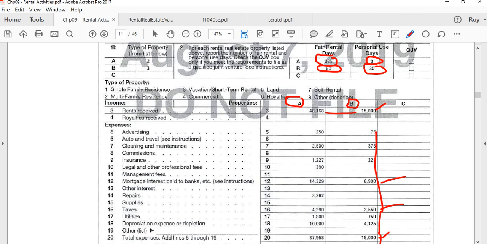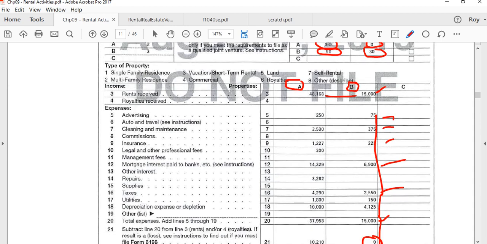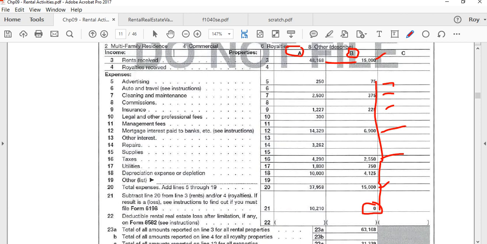Then you start deducting the other cash expenses. But then, again, you cannot have more than the 15,000 income in this situation. So if you still have a profit, the last expense you're going to deduct is depreciation. Again, still probably based upon that MACRS method.